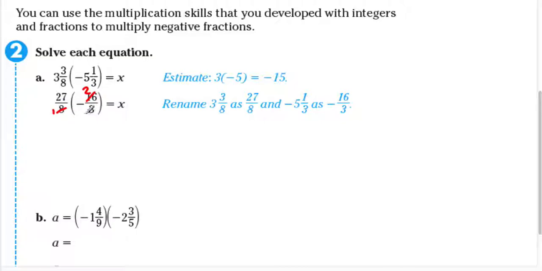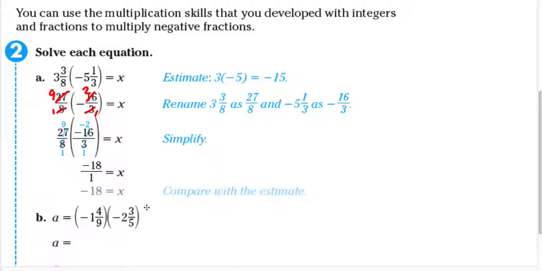And for 3 and 27, the GCF is 3. 3 divided by 3 is 1, and 27 divided by 3 is 9. So we have 9 times 2, which gives you negative 18 over 1, because 9 times negative 2 gives you negative 18, and the simplified form is x equals negative 18.